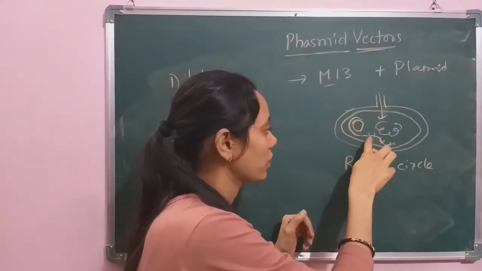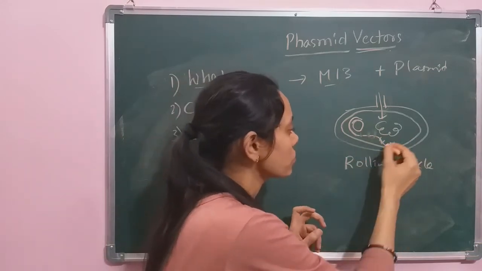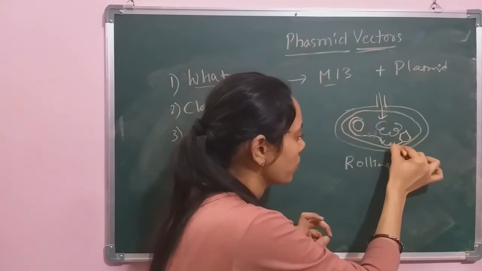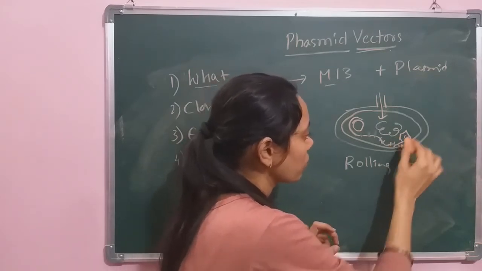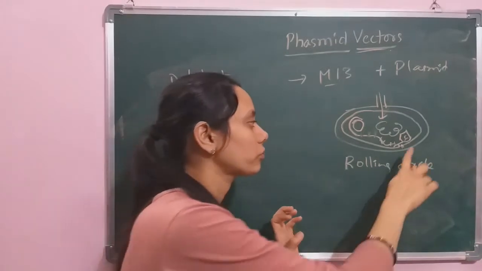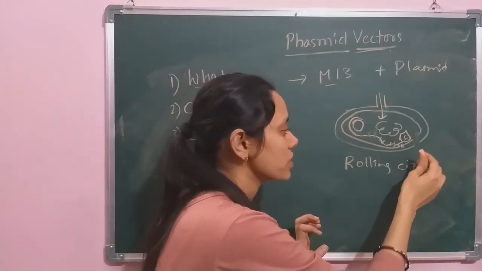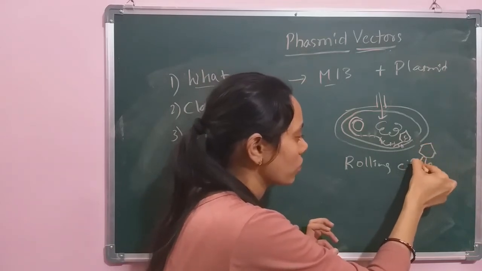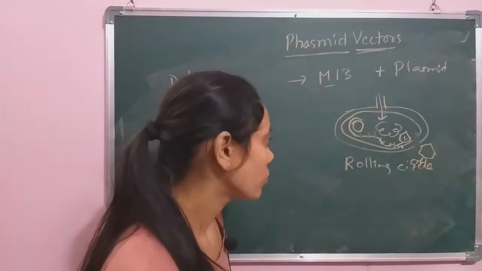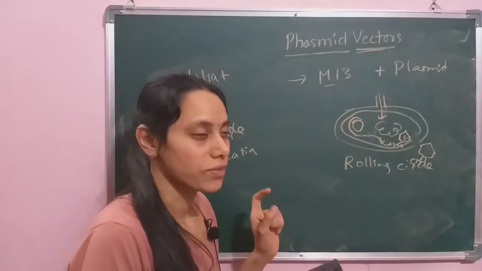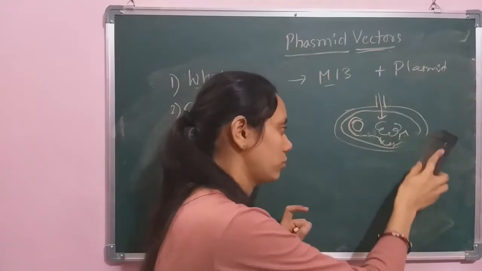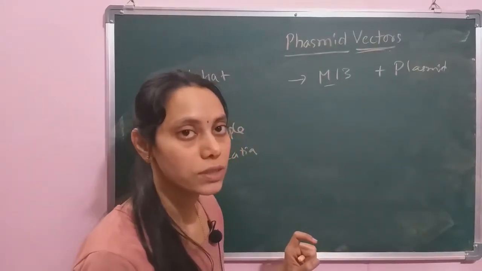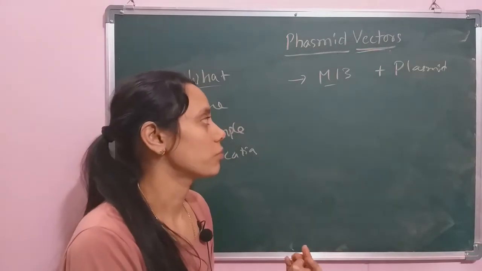All these particles are detached to produce individual DNAs which will be packaged into the viral proteins. Eventually, once this packaging has happened, it will burst the bacterial cell and viral particles will be released, the daughter viruses. That is how M13 bacteriophage will infect the bacteria to produce its lytic cycle of reproduction.